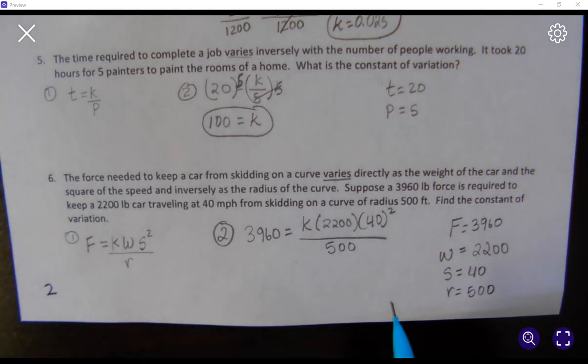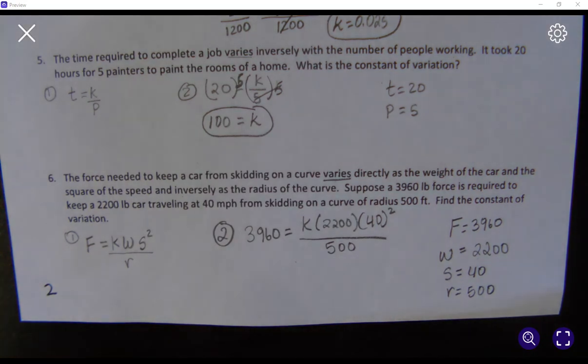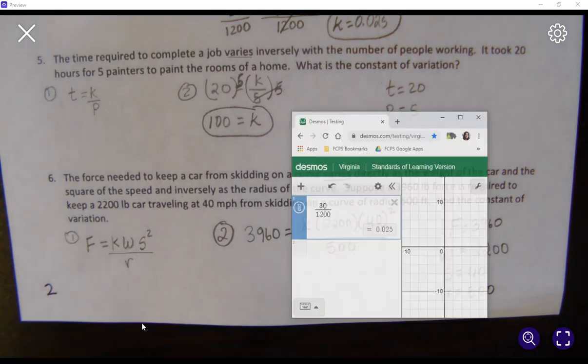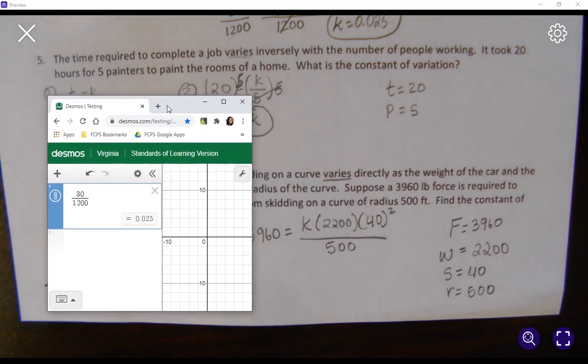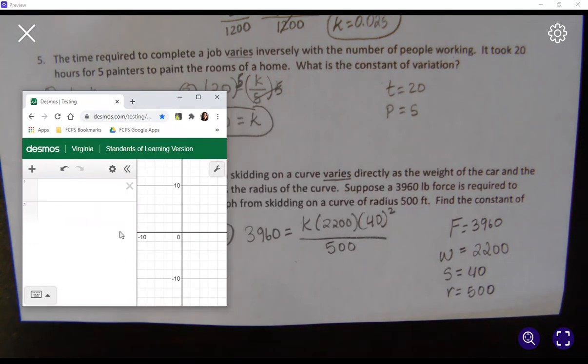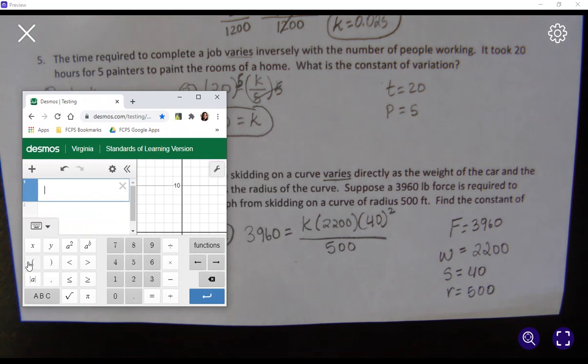Okay, that's a lot of numbers, but we're just gonna try to figure all this out. What I'm gonna do here is I'm gonna take all of this part right here, and I'm just gonna get one number out of it by just putting it in decimals. So I'm gonna do 2,200, and then you have 40 squared, and then you have divided by 500.